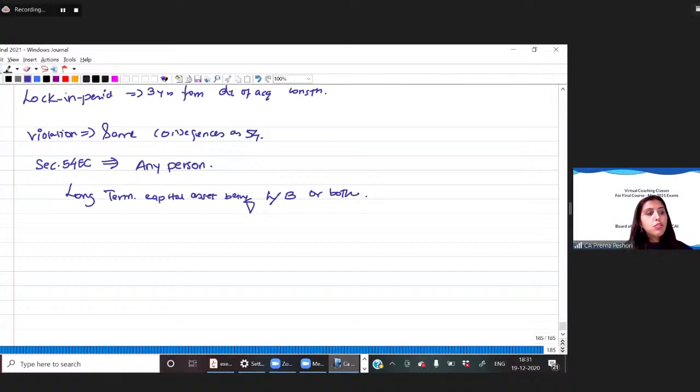And what should be purchased in return? What is the eligible asset? Bonds of NHAI, Rural Electrification Corporation Limited. Time limit for purchasing is 6 months from the date of transfer.